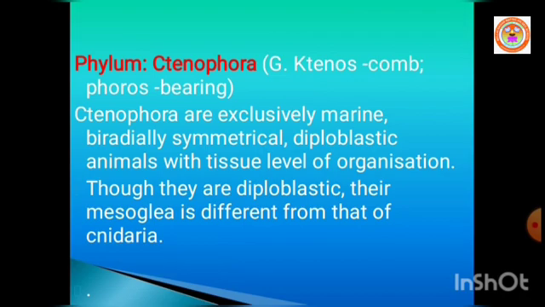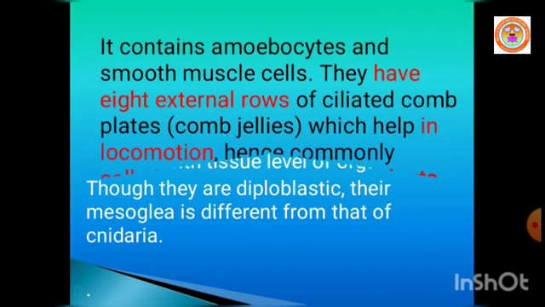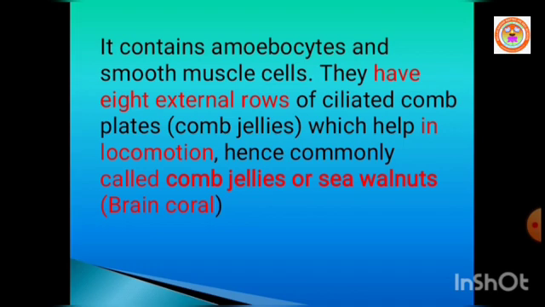Though Ctenophora are diploblastic, their mesoglea differs from the Cnidaria, containing amoebocytes and smooth muscle cells.